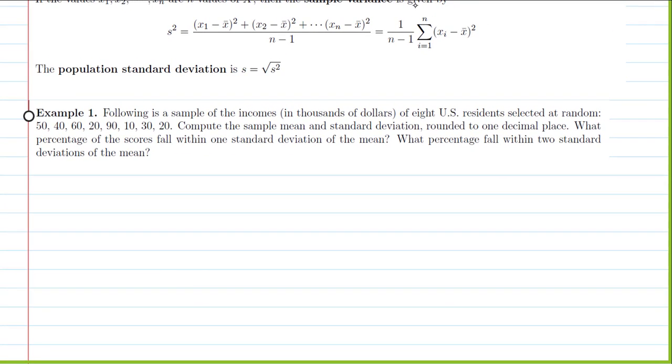Calculate the sample mean and standard deviation rounded to one decimal place. What percentage of the scores fall within one standard deviation of the mean, and what percentage fall within 2 standard deviations of the mean?